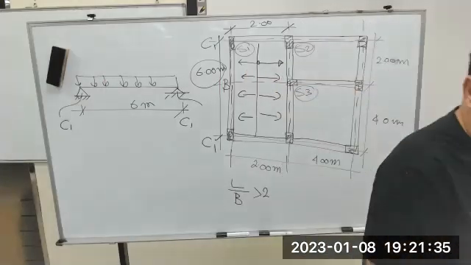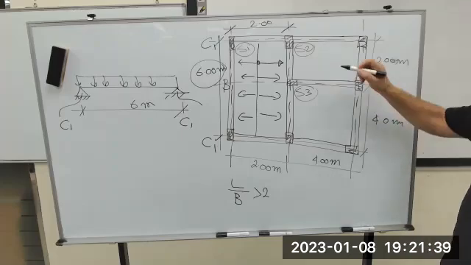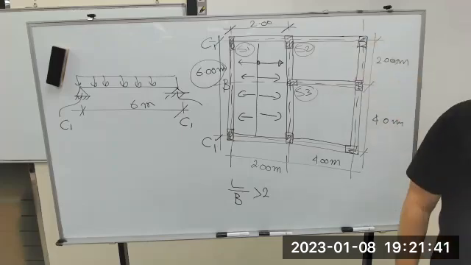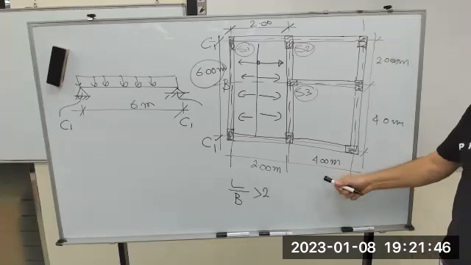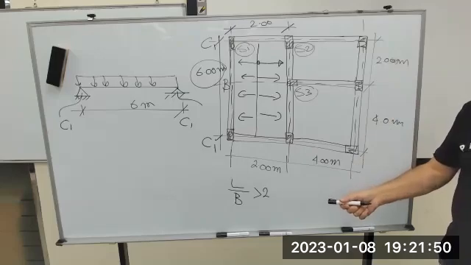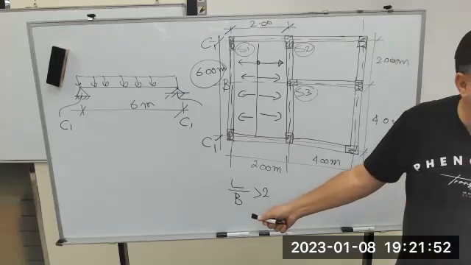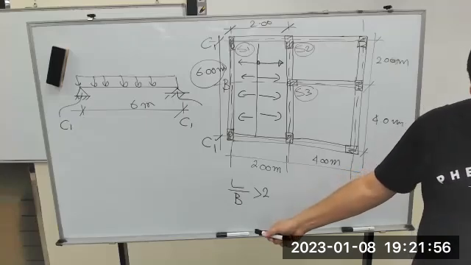Right. In this case, how will the load transfer? Short direction again. 4 divided by 2 is 2. Is it more than 2?